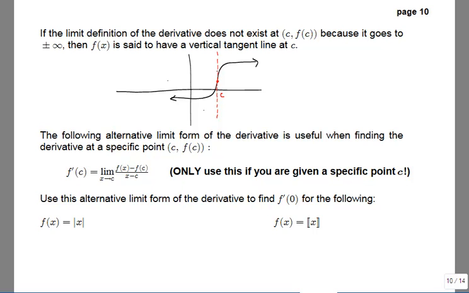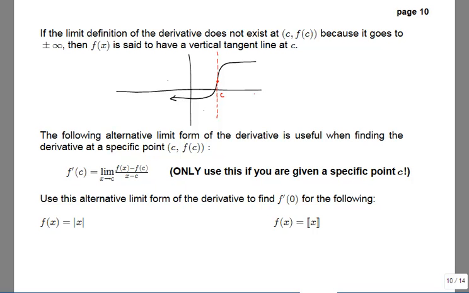It's very tiny, but it is getting so steep that right at c, that tangent line wants to be vertical. And that means the derivative is going to be blowing up to positive or negative infinity because the slope of a vertical line is infinite. It doesn't exist. So we say that the derivative is DNE if you have a vertical tangent line in your original function.